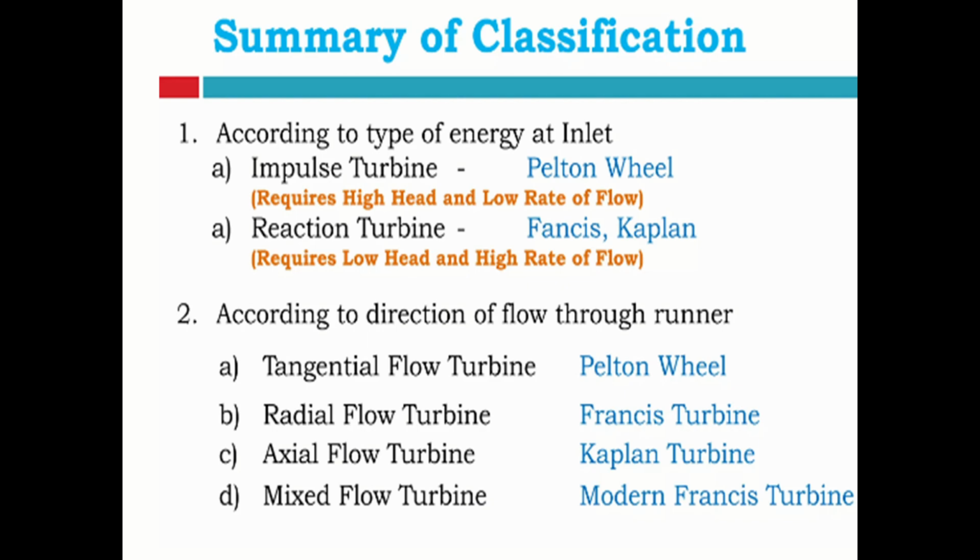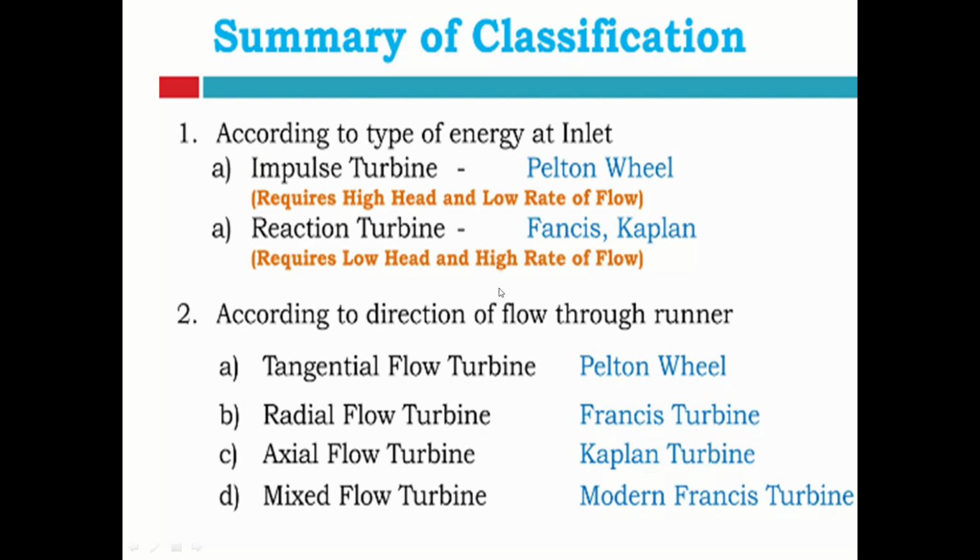So in each turbine, both for Pelton wheel, that is impulse turbine, and reaction turbines, there will be inlet velocity triangle and outlet velocity triangle, which are very, very important. If you understand the inlet velocity triangle and outlet velocity triangle of Pelton wheel, Kaplan turbine, and Francis turbine, you can do any kind of problem given in the examination. I'll teach you that in the next video.